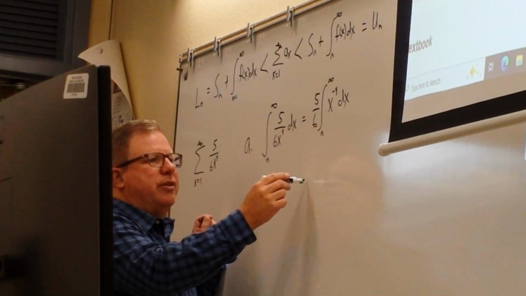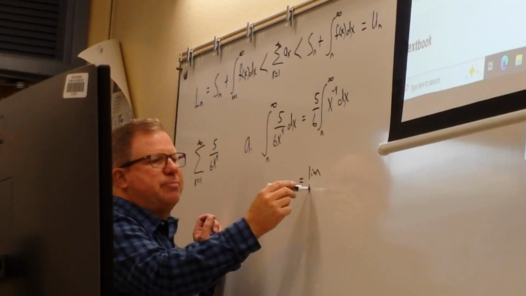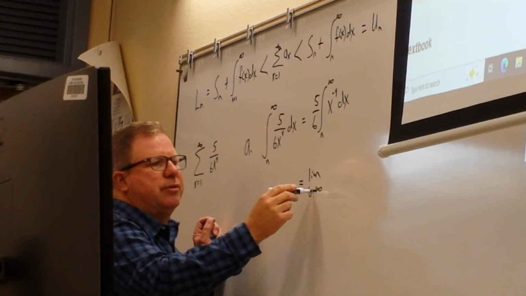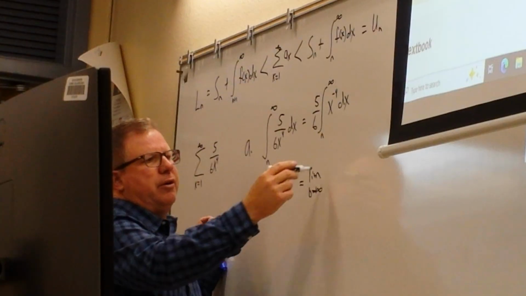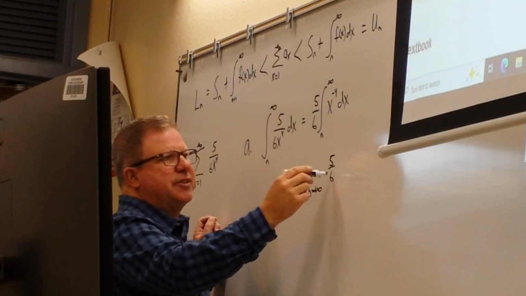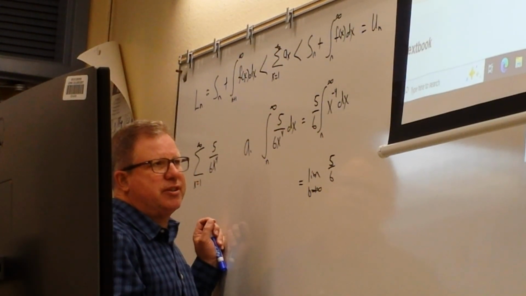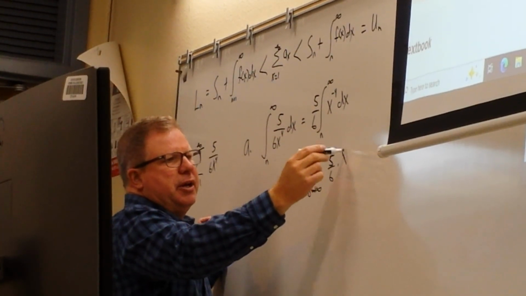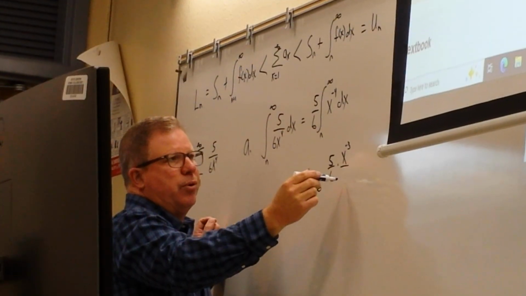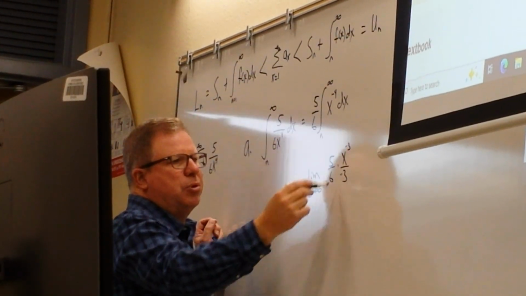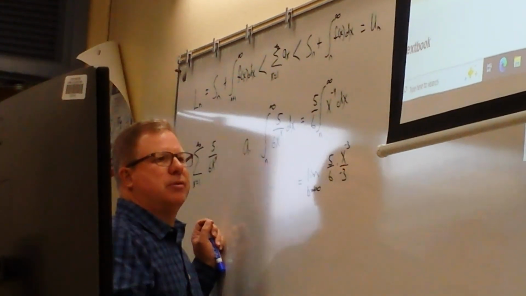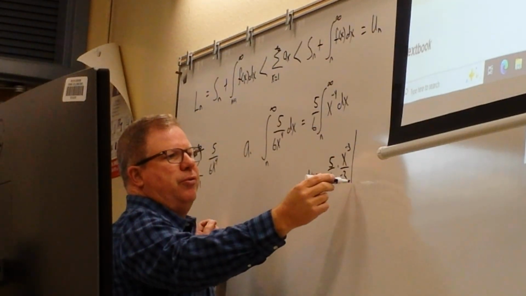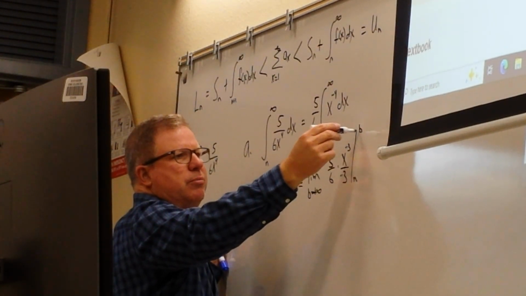And then we'll get the limit as b goes to infinity of 5/6 times the antiderivative of this. Add 1, we get -3, so x to the negative 3rd over -3, from n to b.